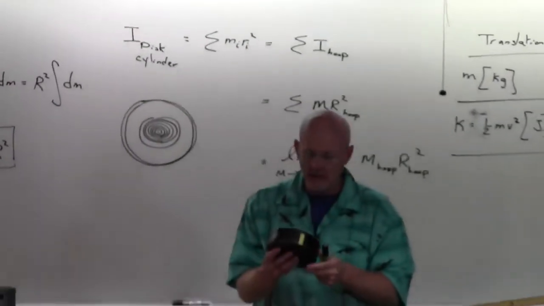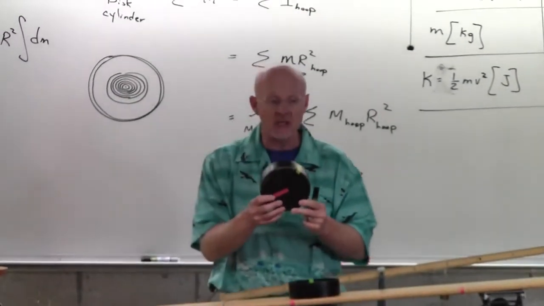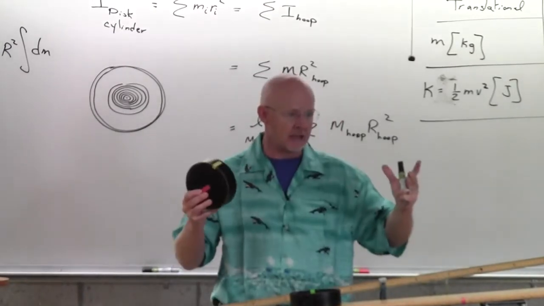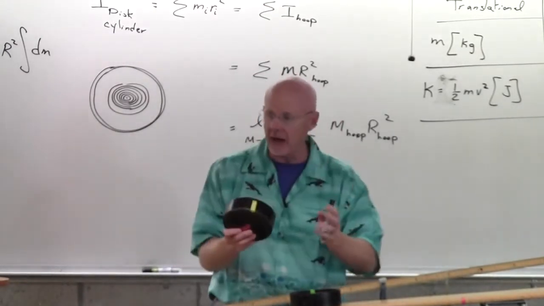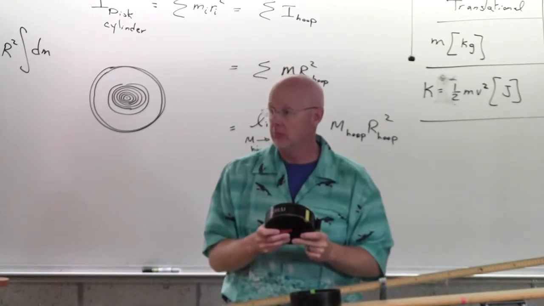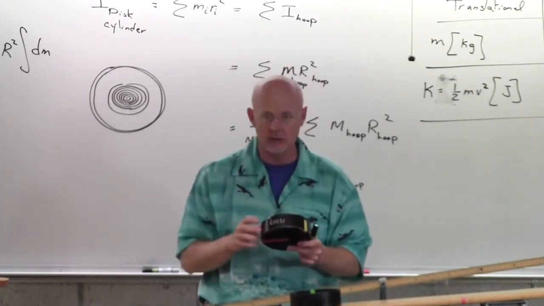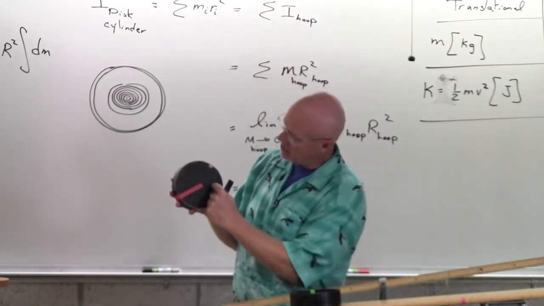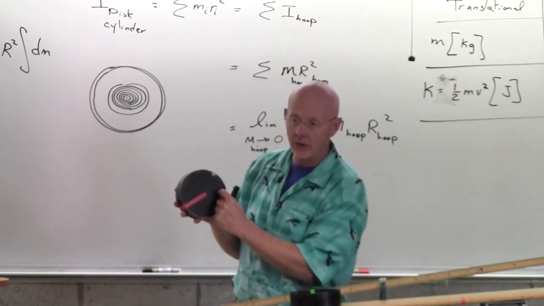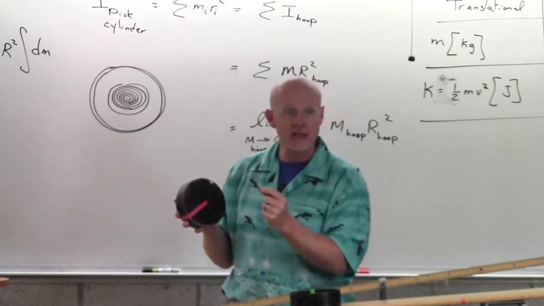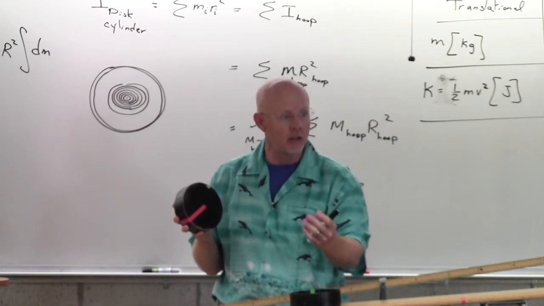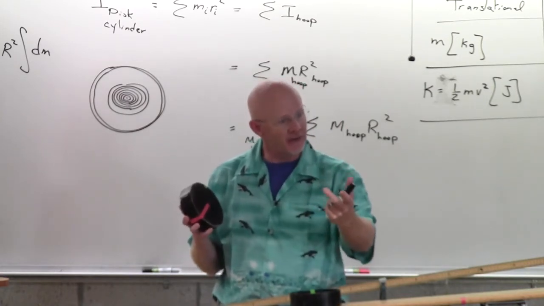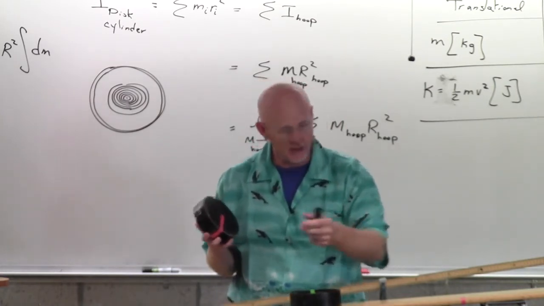If I wanted to get this mass density, one thing is I could take the whole mass and divide it by the whole volume. On the other hand, I could take just a cutout ring of it and take the mass of that ring and also divide it by the volume of that ring.